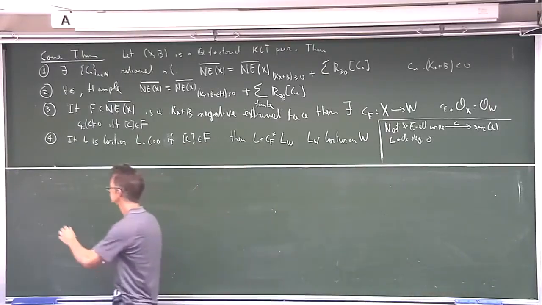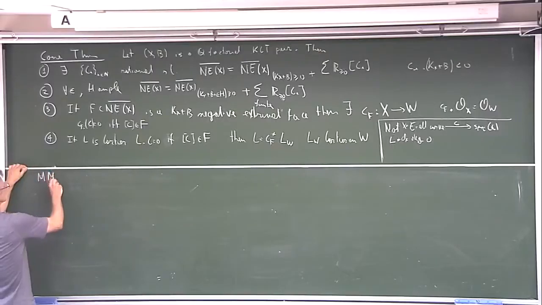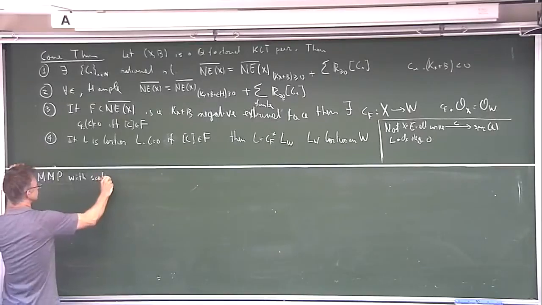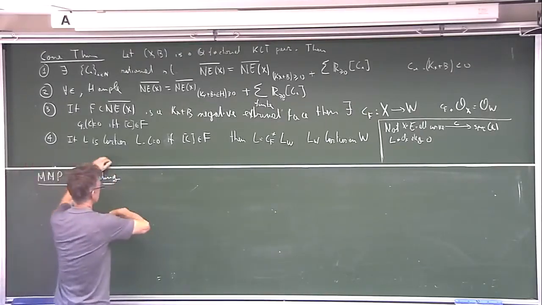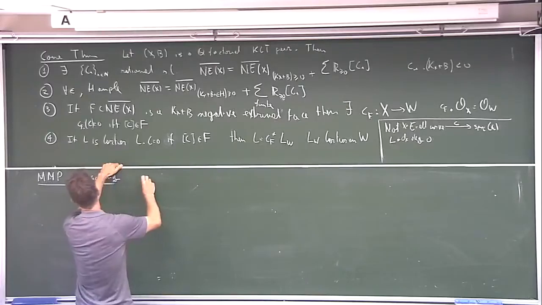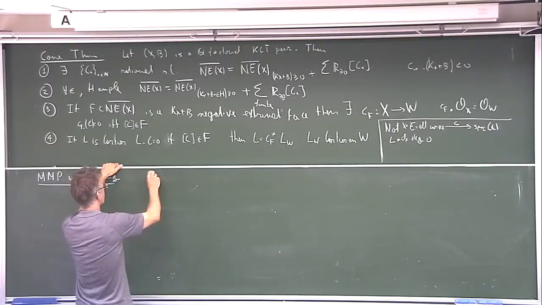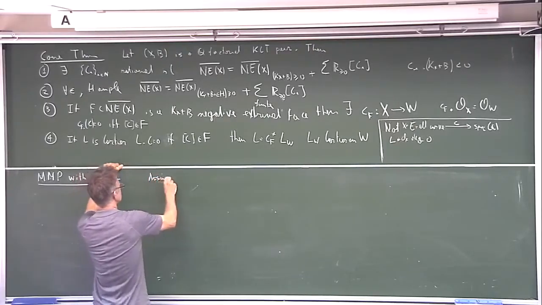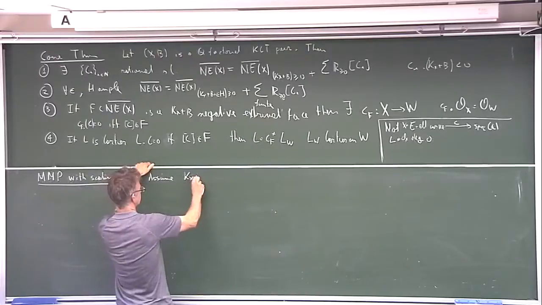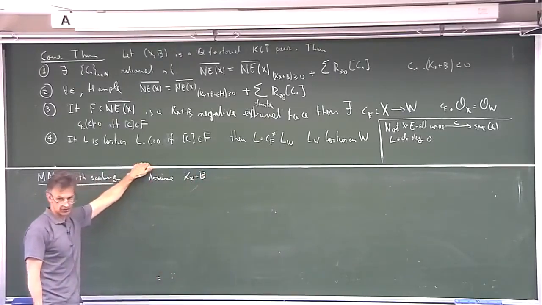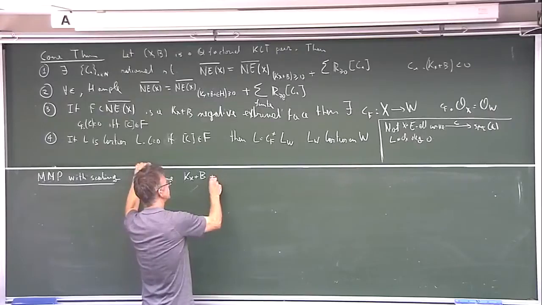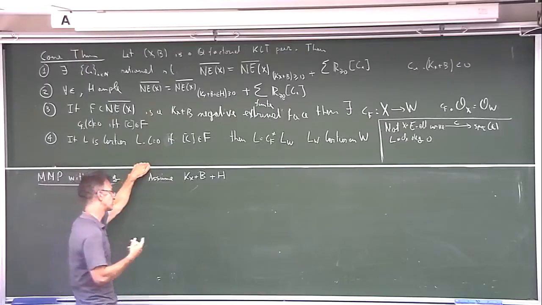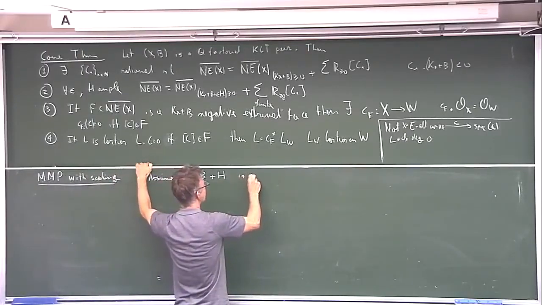Okay, so what is this minimal model program with scaling? You want to think about it in the following way. Instead of just starting with your favorite KLT pair K_X plus B and looking for the minimal model, you add an auxiliary divisor H, which will be a scaling divisor, with the property that K_X plus B plus H is nef.